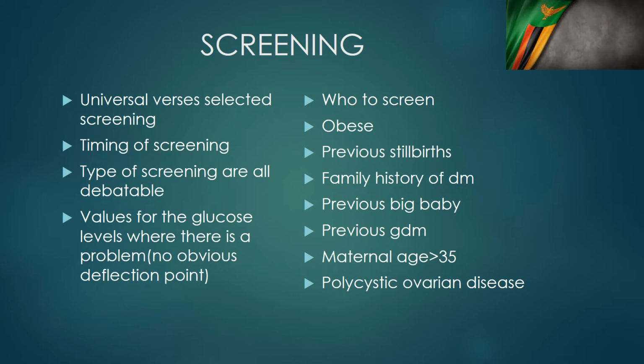Patients with gestational diabetes don't have any symptoms, so they are usually caught through a screening system. This screening system can be different depending on where you are. You have what is called universal screening, and you have what is called selected screening. In universal screening, every woman gets a glucose tolerance test, and then the diagnosis of gestational diabetes is made.